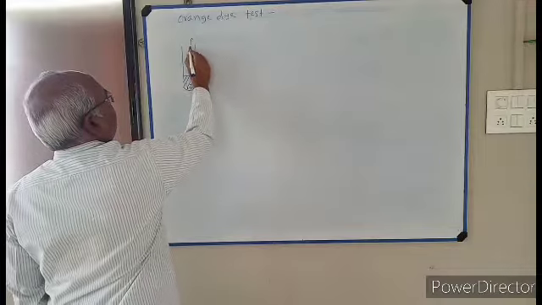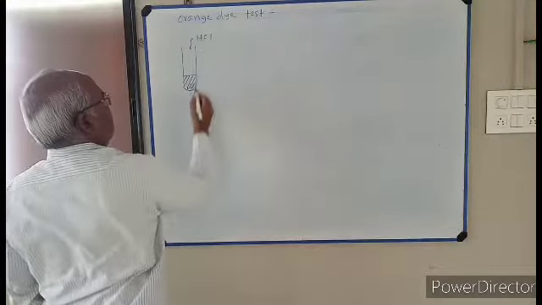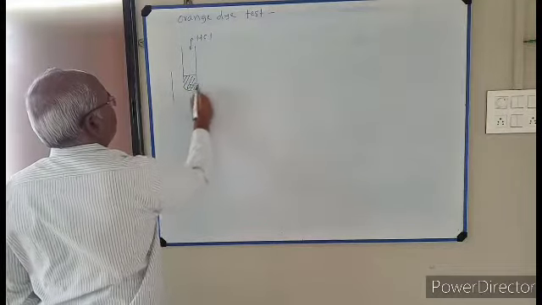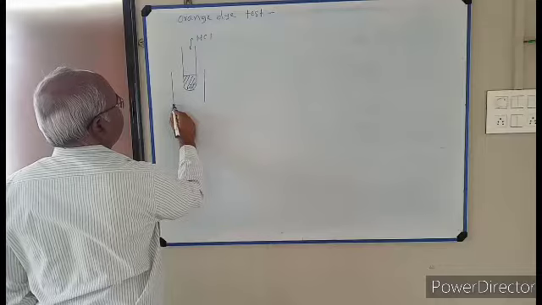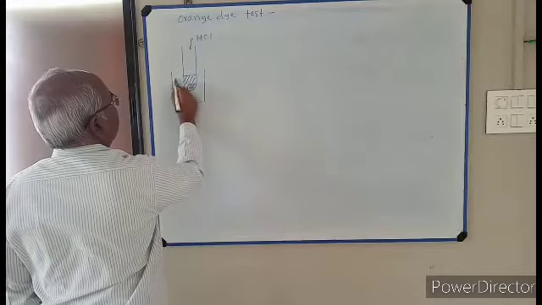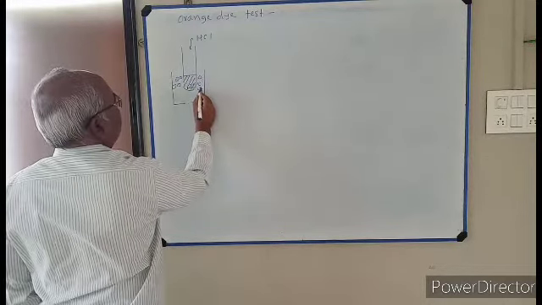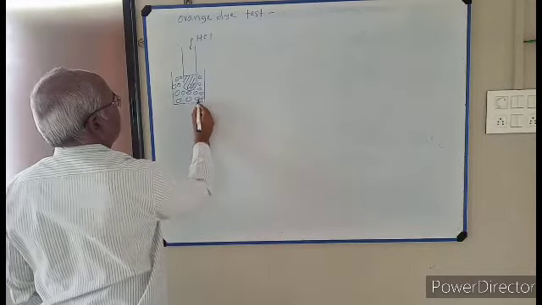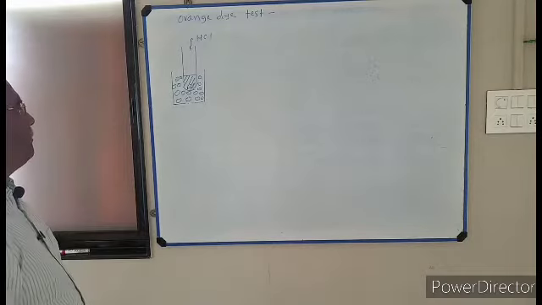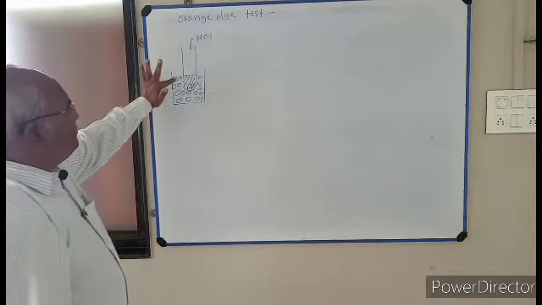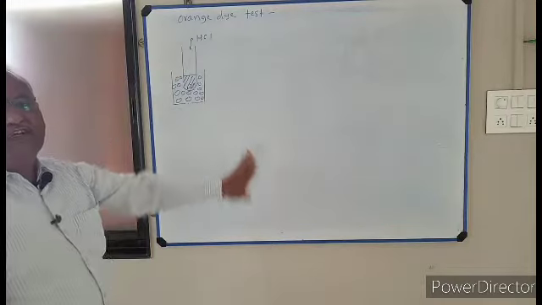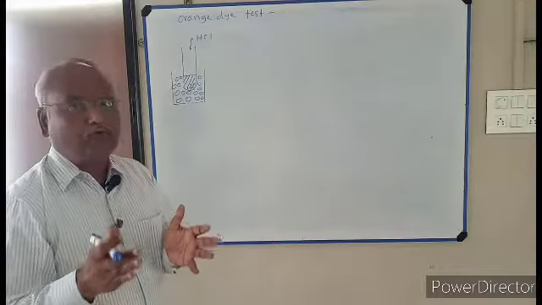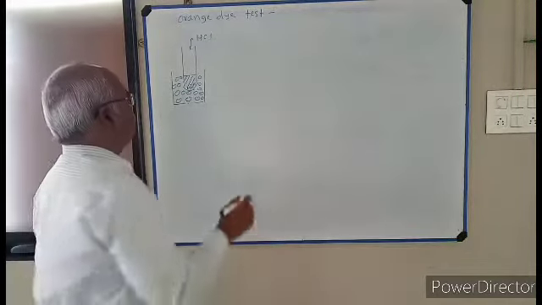HCl is added. The test tube is kept in a beaker containing ice. The test tube is cooled in ice. So base is dissolved in concentrated HCl and the test tube is kept for cooling in ice bath.